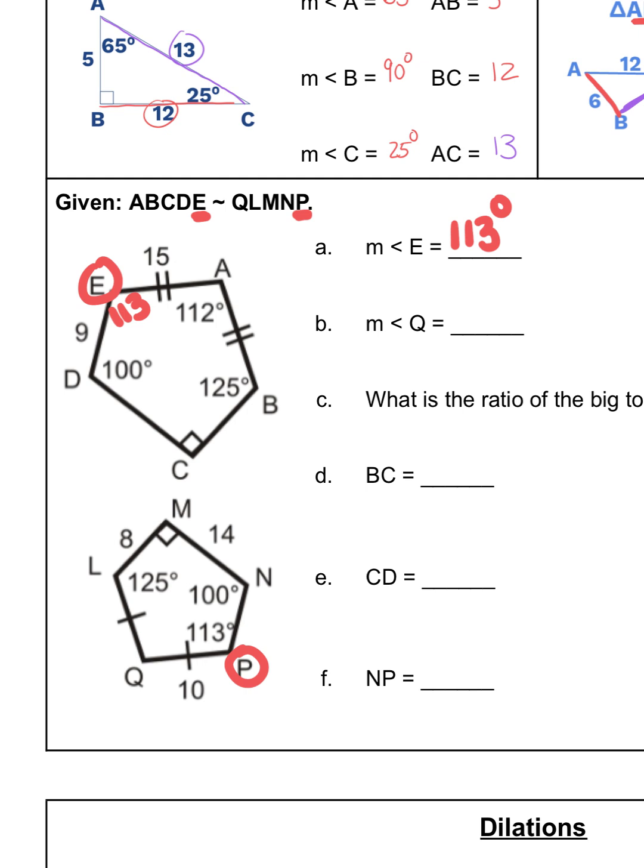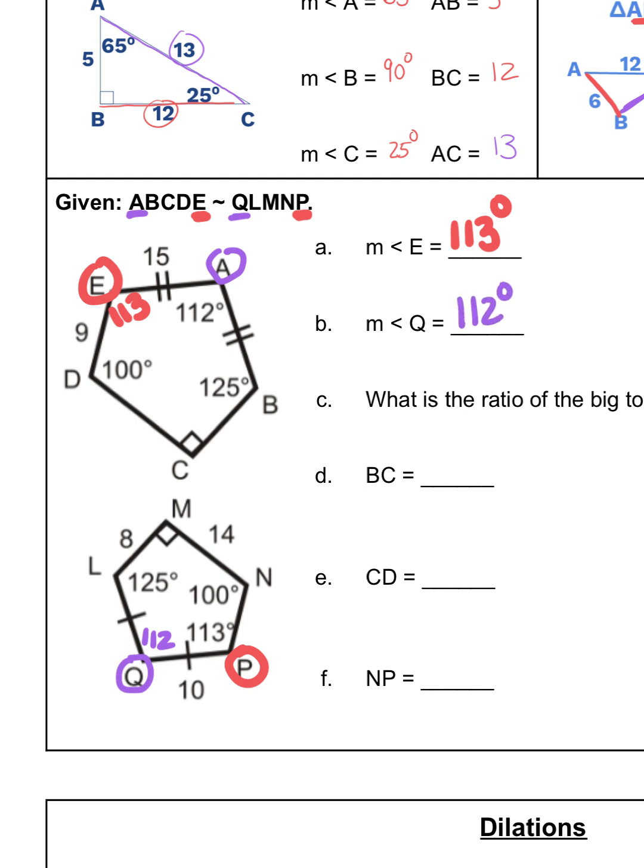Okay, the next one, the measure of angle Q. So if we go up to our similarity statement, Q is the first one listed over here. So now we go over here and we find the first one, Q matches, it's in the same spot as A. So angle A is 112 degrees and angle Q corresponds, so angle Q is 112 degrees.